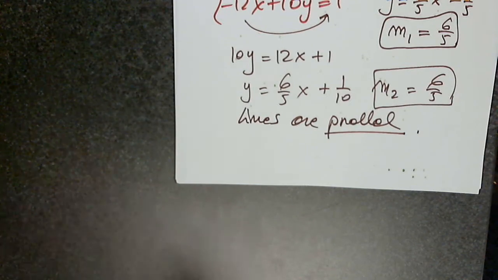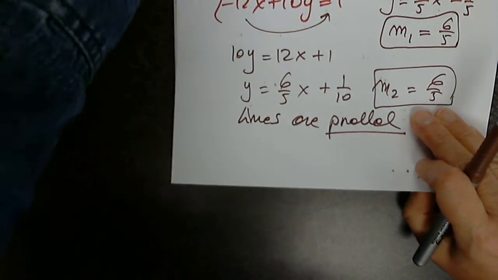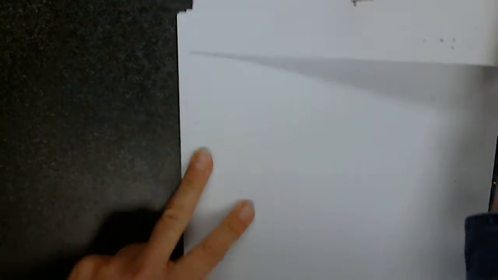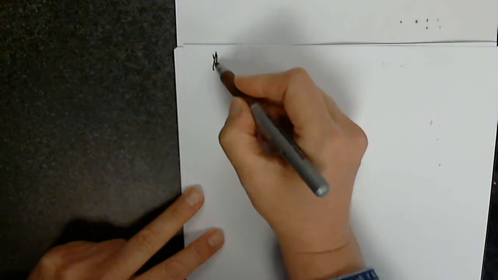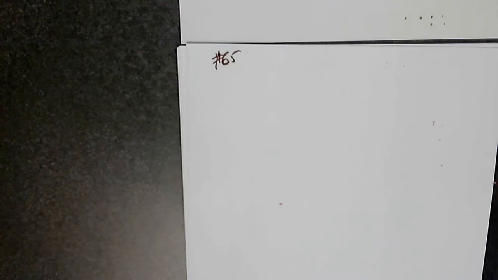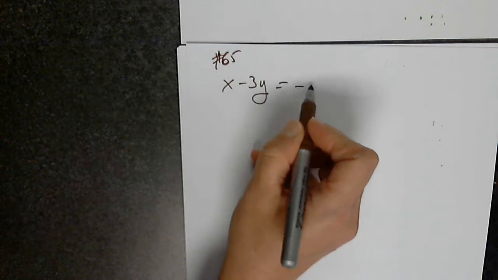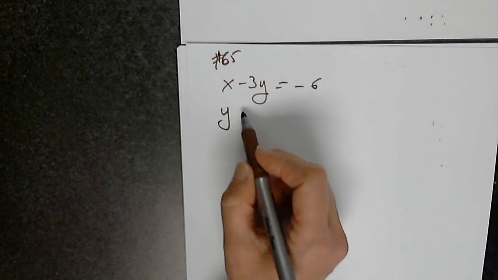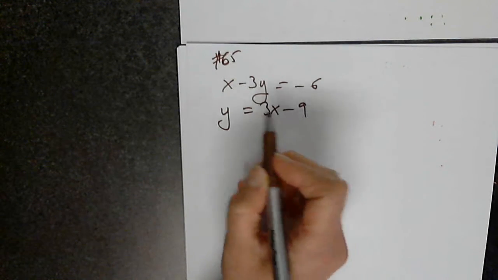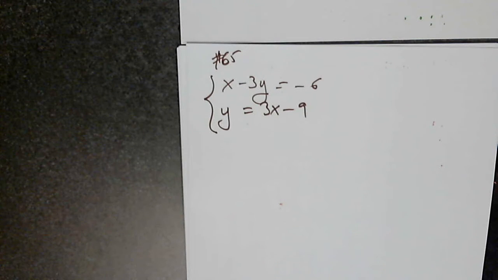Let's look at problem 65. Any questions for me? Is this okay? In 65, we have x minus 3y equals negative 6, and y equals 3x minus 9.